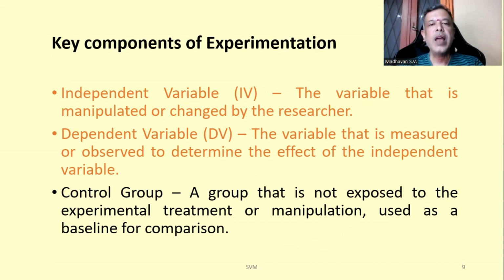In the experimental group, the actual drug is given, whereas in the control group, they don't give the actual drug. Instead, they give a placebo, which will be very similar in look, shape, color, everything, to the actual drug. So that group, we call it a control group, where the group is not exposed to the experimental treatment, meaning those people will not be given the drug. Then this control group will be compared with the experimental group.